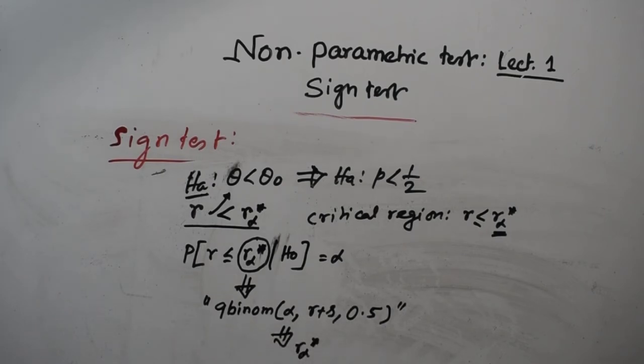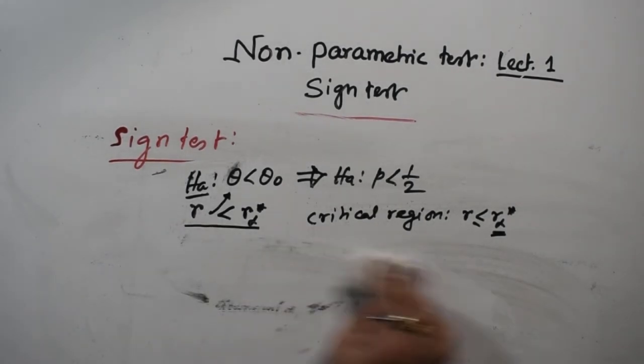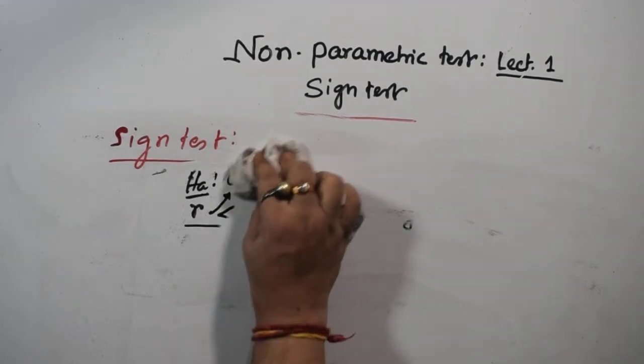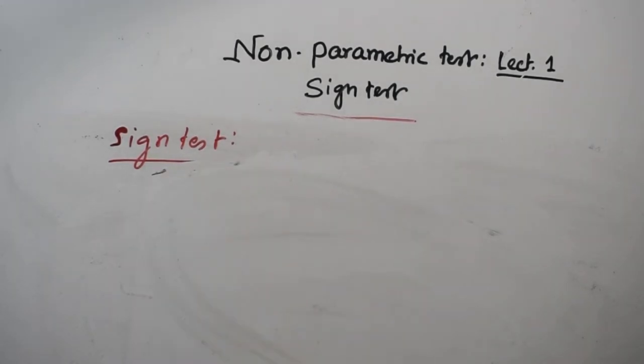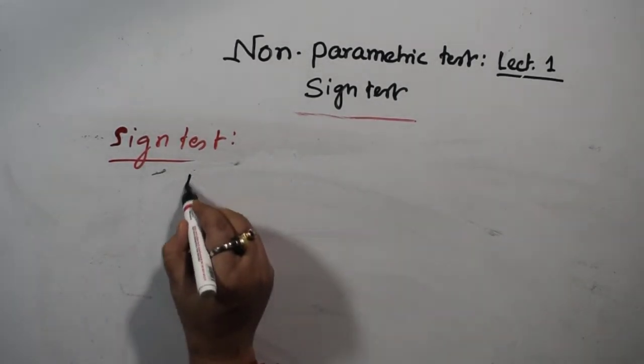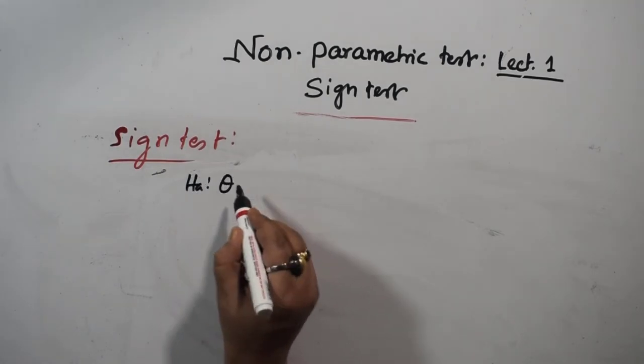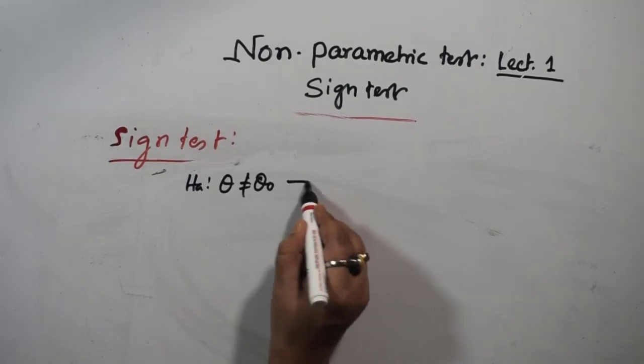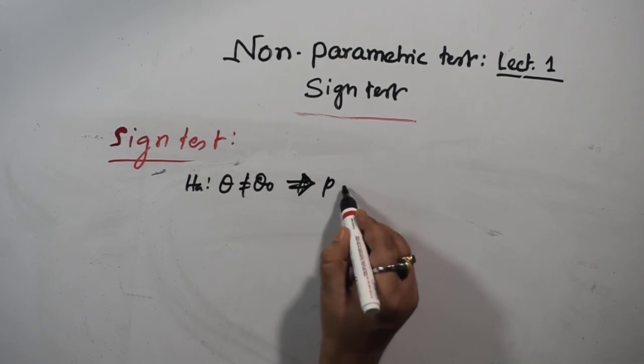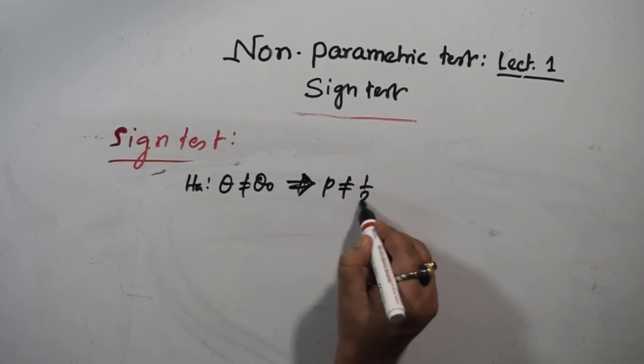Similarly, if you are interested in a two-tailed test, that is a non-directional test, then your alternative hypothesis is theta not equal to theta naught. This implies p not equal to half.